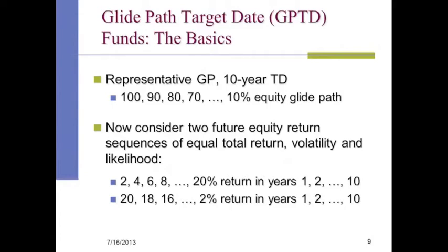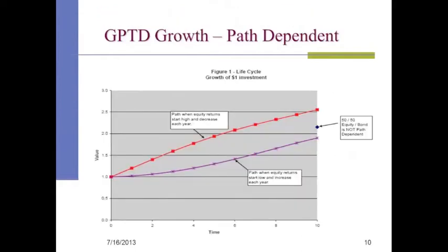One begins with a poor set of years, 2% in year one, 4%, 6% on up to the 10th year, 20%. The other is simply the mirror image of that, 20% initially down to 2% in the 10th year. So the characteristics are exactly the same, they're just reversed.